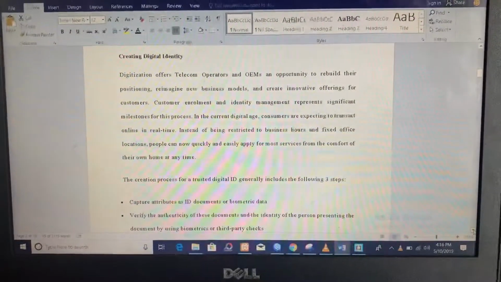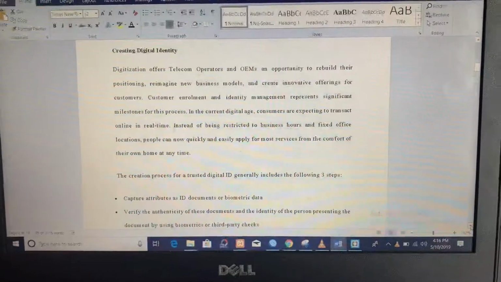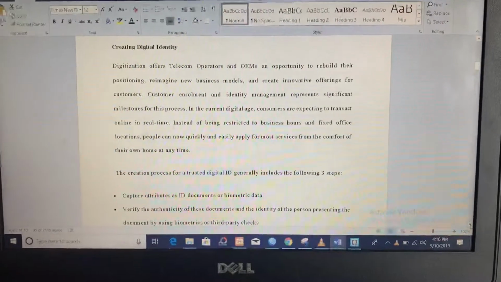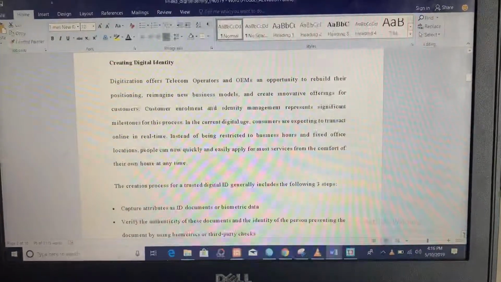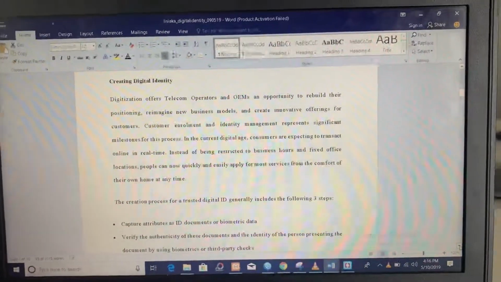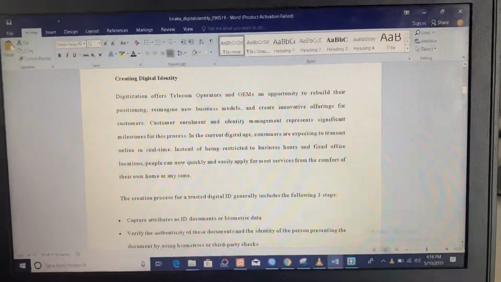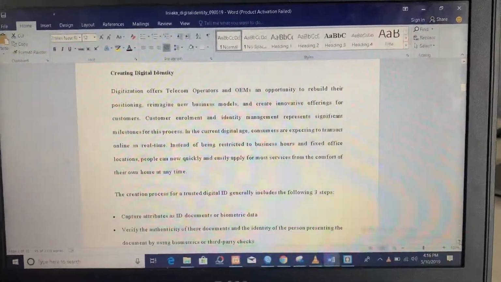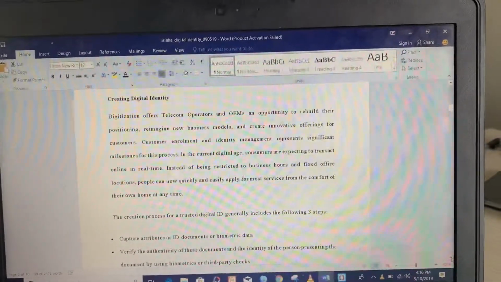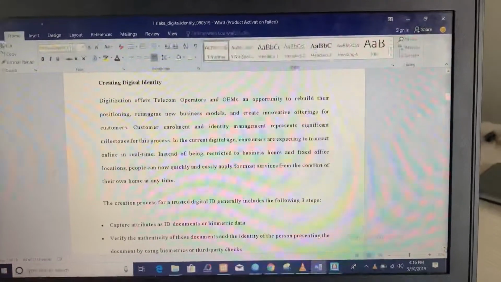Customers want a situation where they are not restricted to the normal 8 to 4 business hours, where they can be on their bed at home and transact business or do anything they want over their phone, tablet, or any other devices. So creating digital IDs generally involves 3 steps.